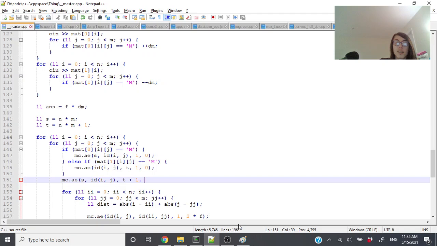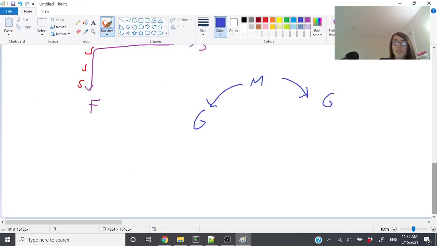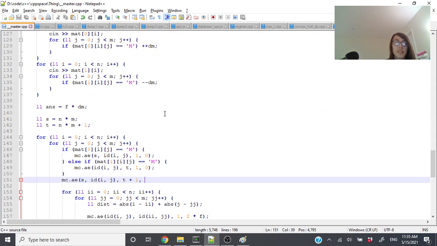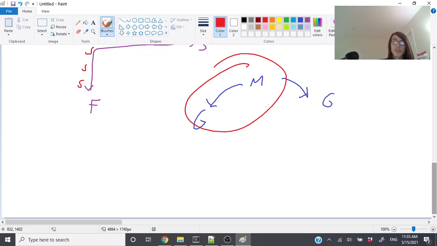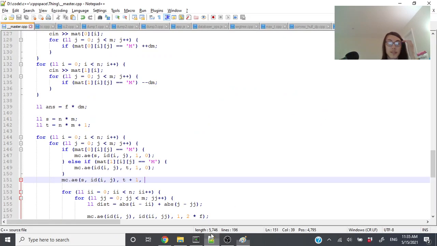And in this case, we sort of already ignore some of the unflippings. For example, we already ignore some of these G to M's, so we need to pay an extra cost to do that. Actually, this cost is just some of the M to G's that we have from the extra M's that we have. So this is 2 times F.